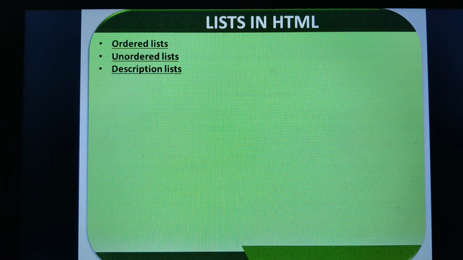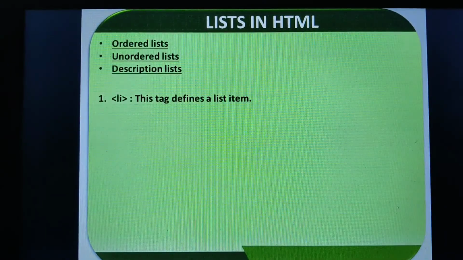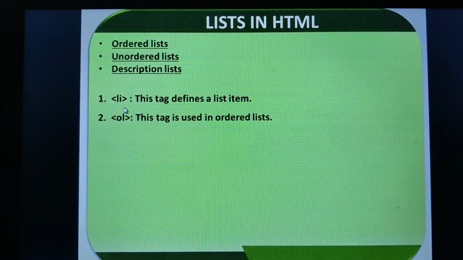Now how shall we use all this, the description list, unordered and ordered list? As I said, if we have to group the related items, then we have to study the lists. In order to list any item, I'm going to use a tag known as the li tag. This li tag, irrespective of whether it is an ordered list or unordered list, is what we use to list any item.